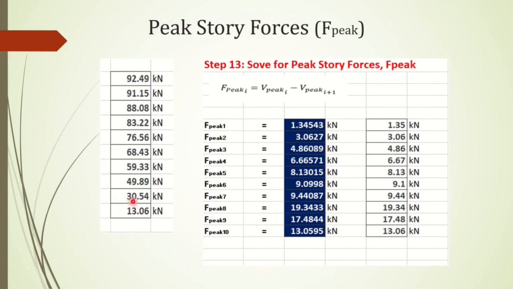So, 13.54 minus 13.06, ang value is 17.48. Now, 49.89 minus 30.54, ang value which is 19.34. And so on and so forth for this first story, 92.49 minus 91.15, there goes its value 1.35 kN. So madali po siyang intindihin, no? Hopefully.